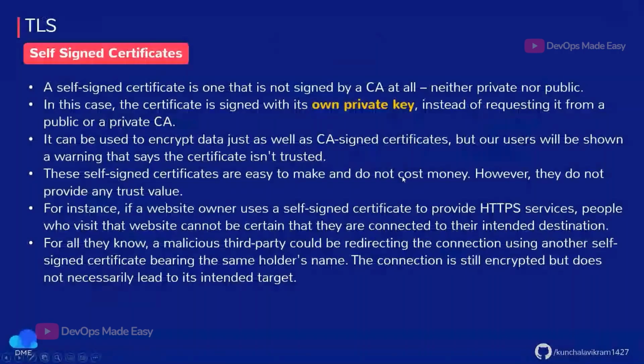Understood? This is easier, right? You're not dependent on any CA. You don't have to prove your identity to the CA. You don't have to wait. So whenever I need a certificate, I'll immediately self-sign it, so that I can at least have the HTTPS communication, although it is not safe.